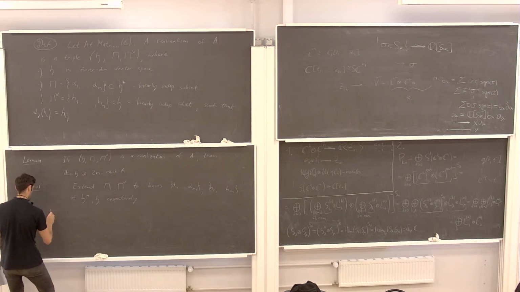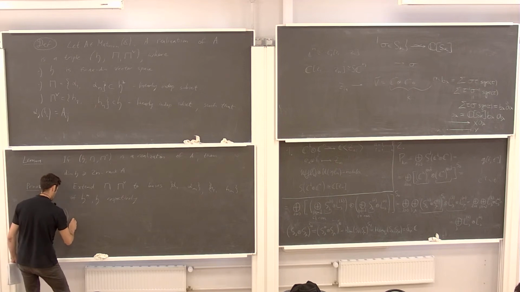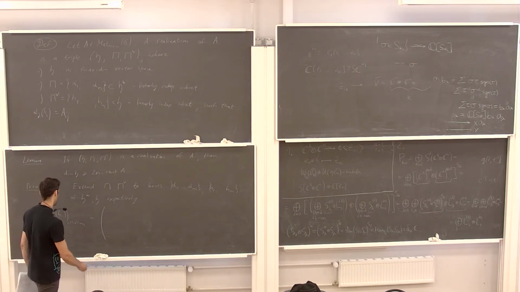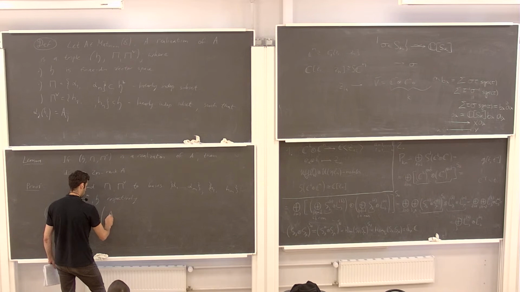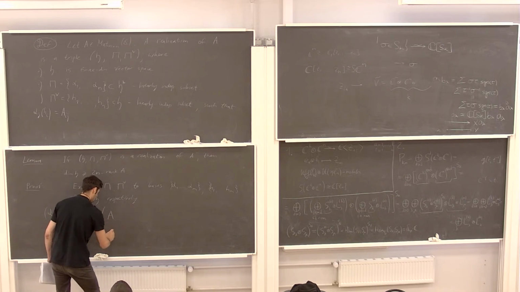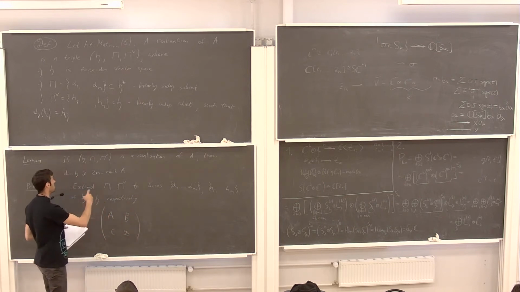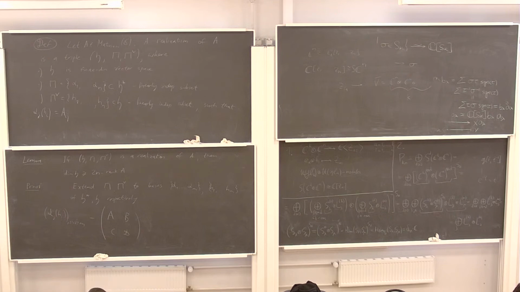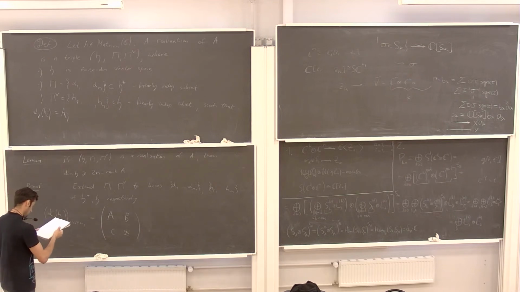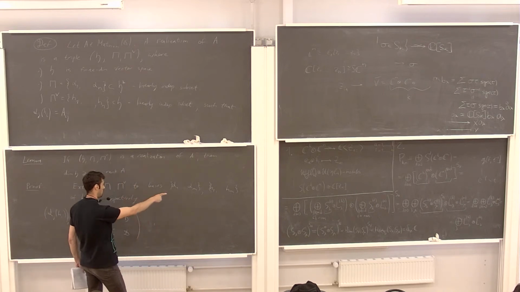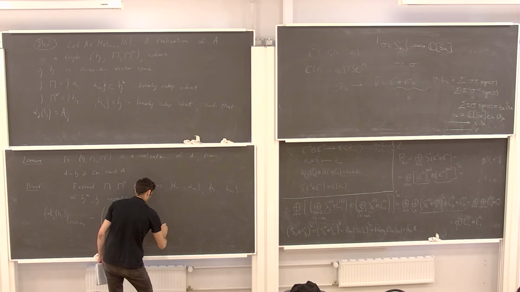Then I consider the matrix alpha j of h i, where i, j go from 1 to m. It looks as follows. In the upper left corner you have A and then other blocks, A, B, C, D, where this A is the matrix that we started with. And it is invertible because this basis is invertible.